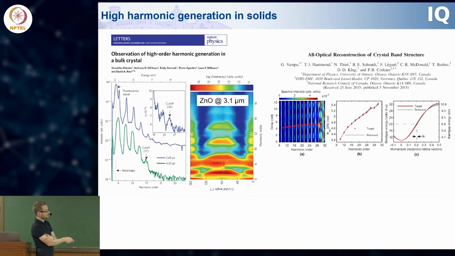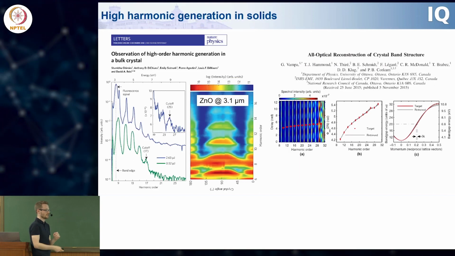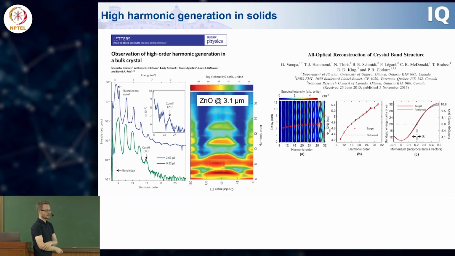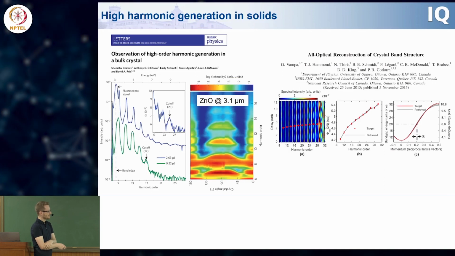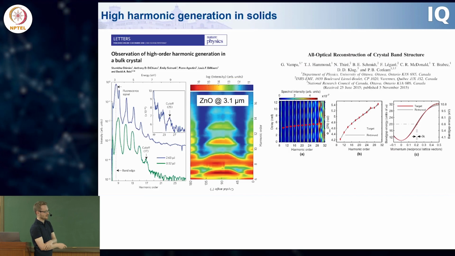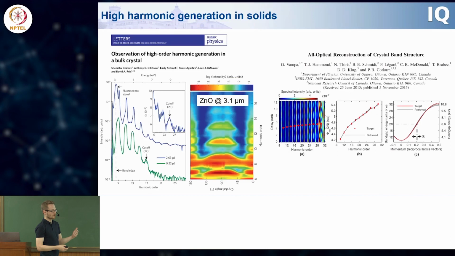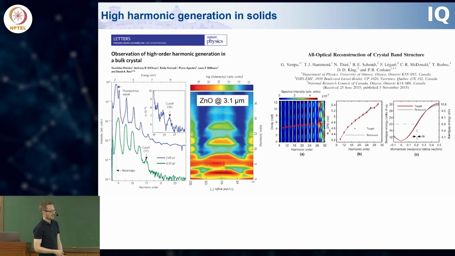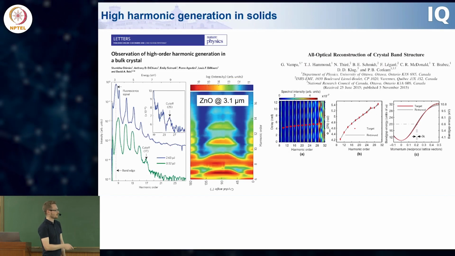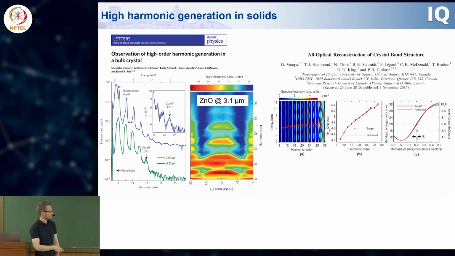After seeing that, people obviously tried to calculate back to the band structure of these solids by looking at the harmonics. However, after some early papers, as far as I know at least, it's still an ongoing endeavor, because the calculation of these harmonics is very computationally intensive and needs to be very precise to reach good band structure reconstructions.